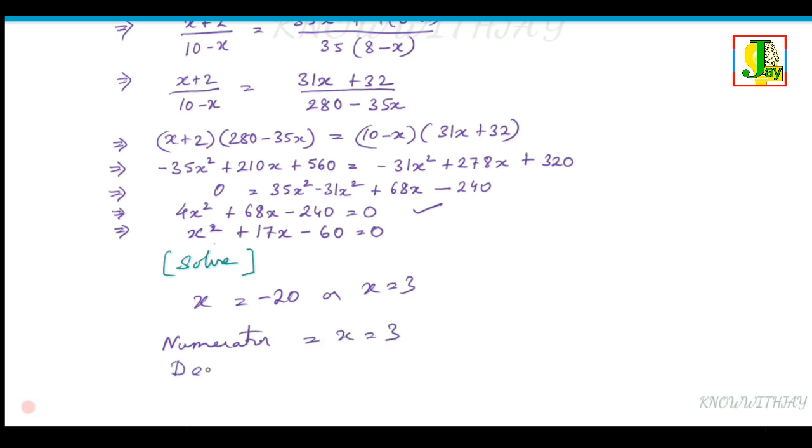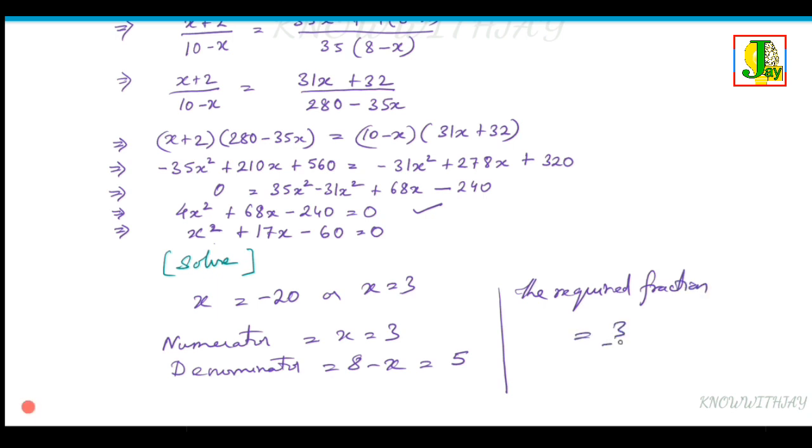The denominator is 8 minus x, that's 8 minus 3 is 5. Therefore the required fraction is 3 by 5, and we have already seen the verification.